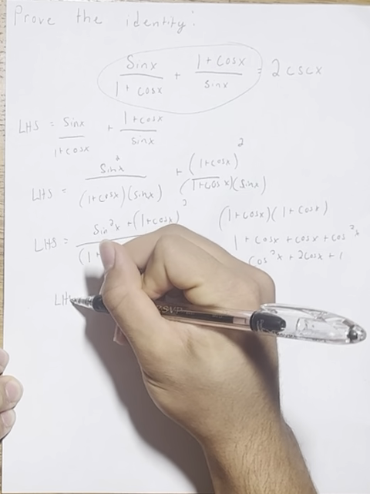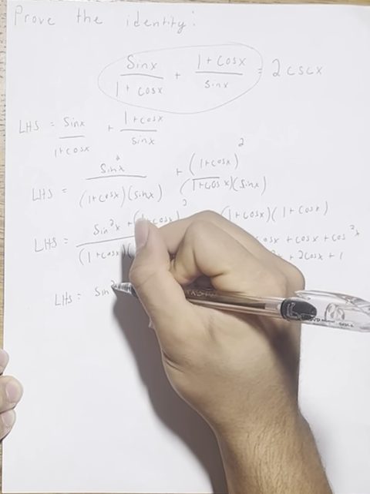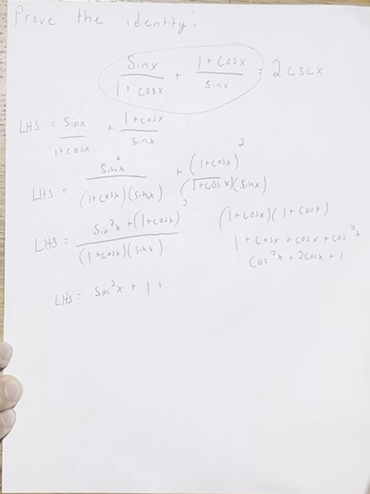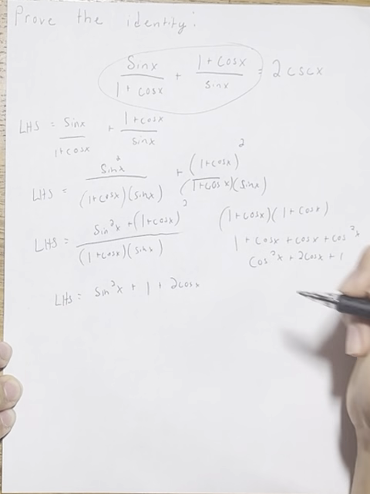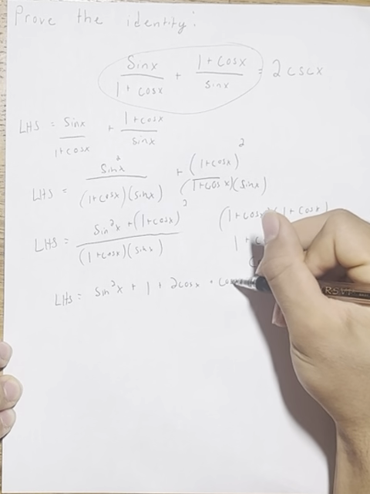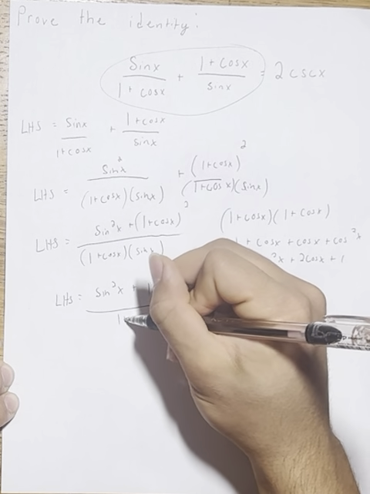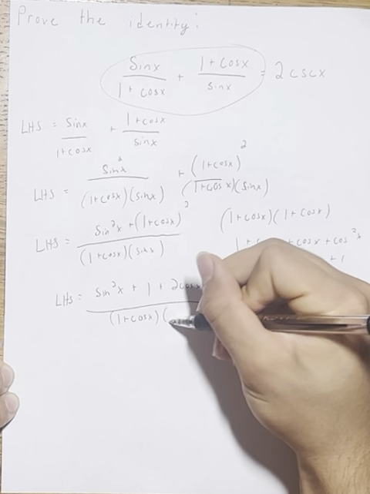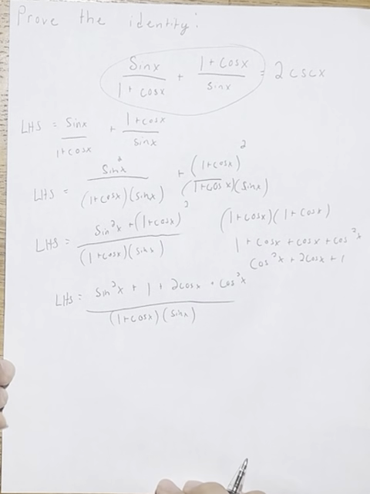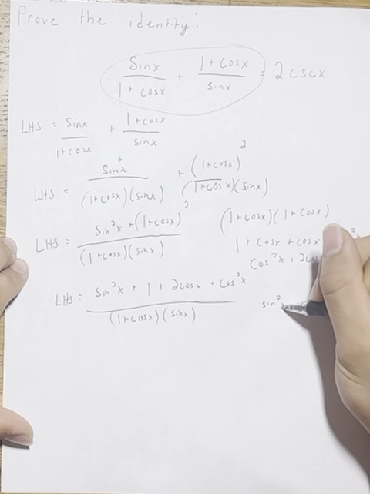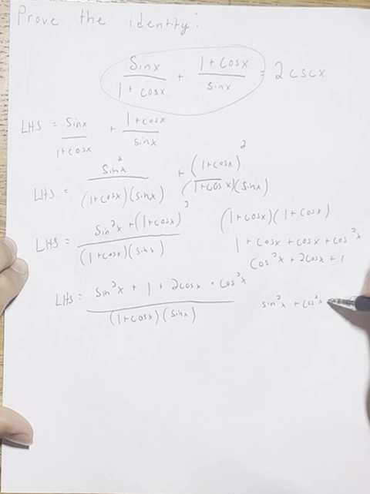So I'd say the left-hand side equals sine squared x plus 1 plus 2 cosine x plus cosine squared x all over the denominator. Now the next step I would use is I would simplify using the Pythagorean identity. Remember, sine squared x plus cosine squared x equals 1.